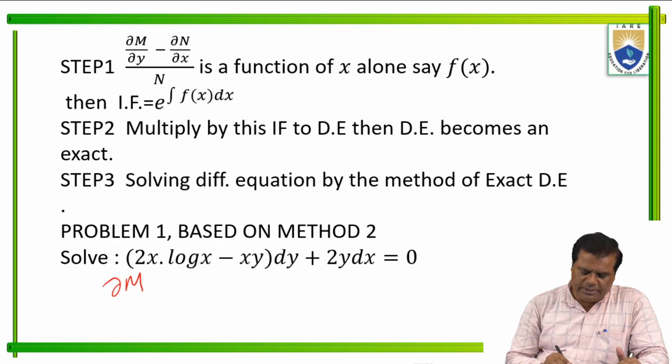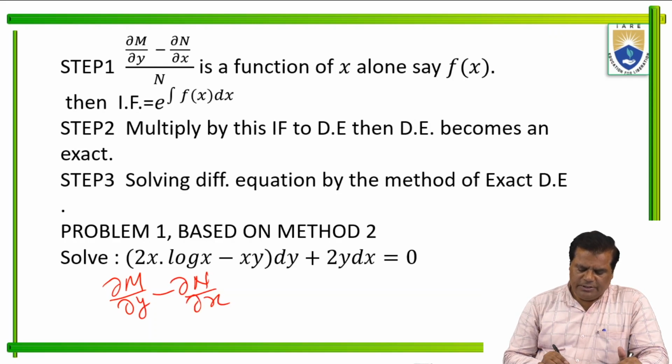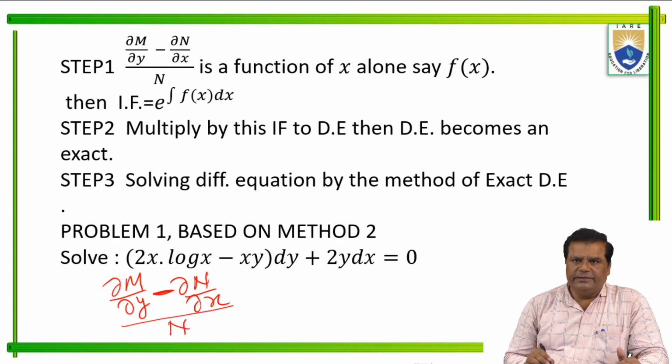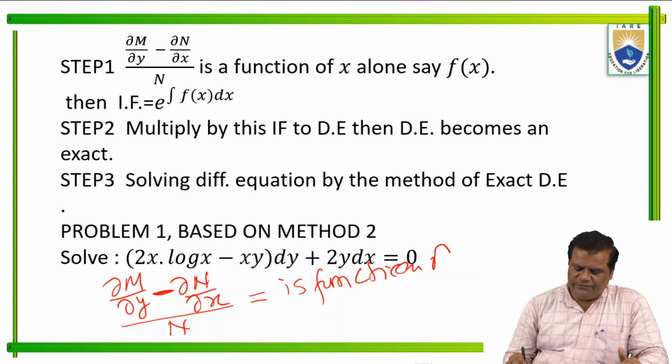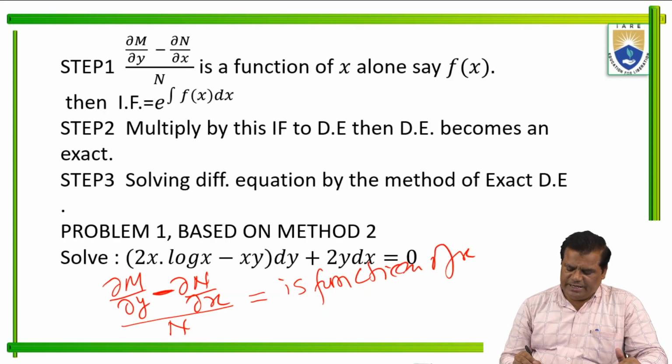This is the same property, but we write a minus sign here, and divide by N, and suppose this is a function of x, say f(x).